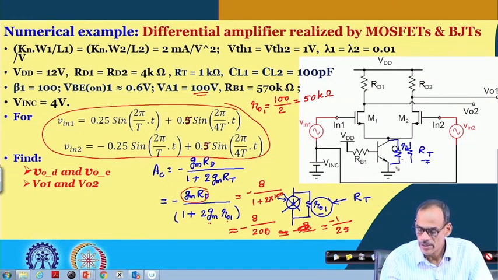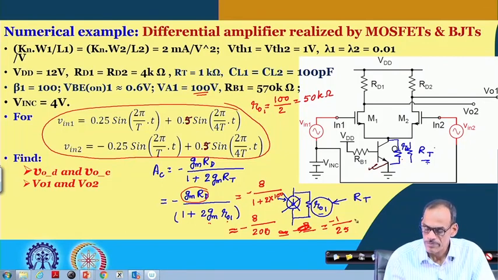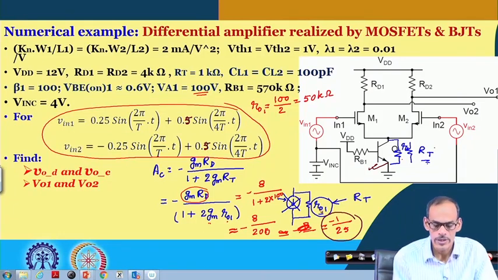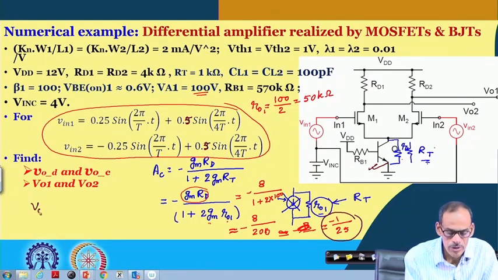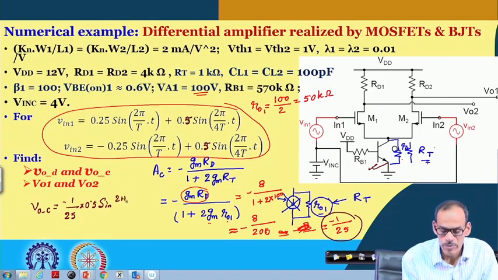But by replacing this passive element by this active device, since now we are getting a common mode gain of 1 by 25, that gives us VOC equals 1 by 25 multiplied by 0.5 sin 2 pi by 4T into t.